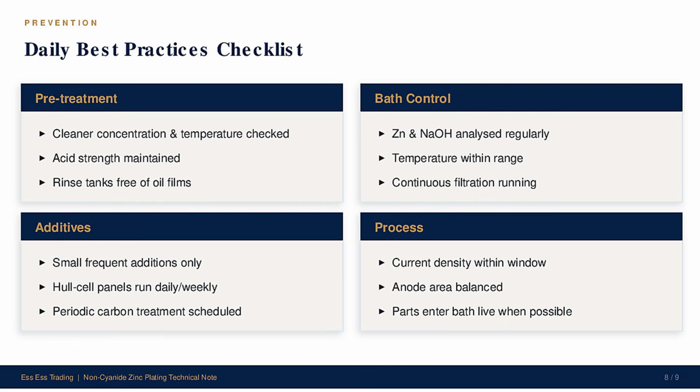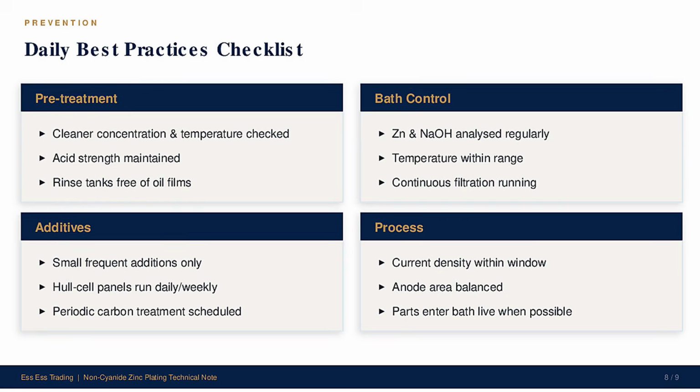To prevent blistering, daily best practices are crucial. In pretreatment, regularly check cleaner concentration and temperature, maintain acid strength, and keep rinse tanks free of oil films. For bath control, analyze zinc and sodium hydroxide levels frequently, maintain temperature within the recommended range, and run continuous filtration.